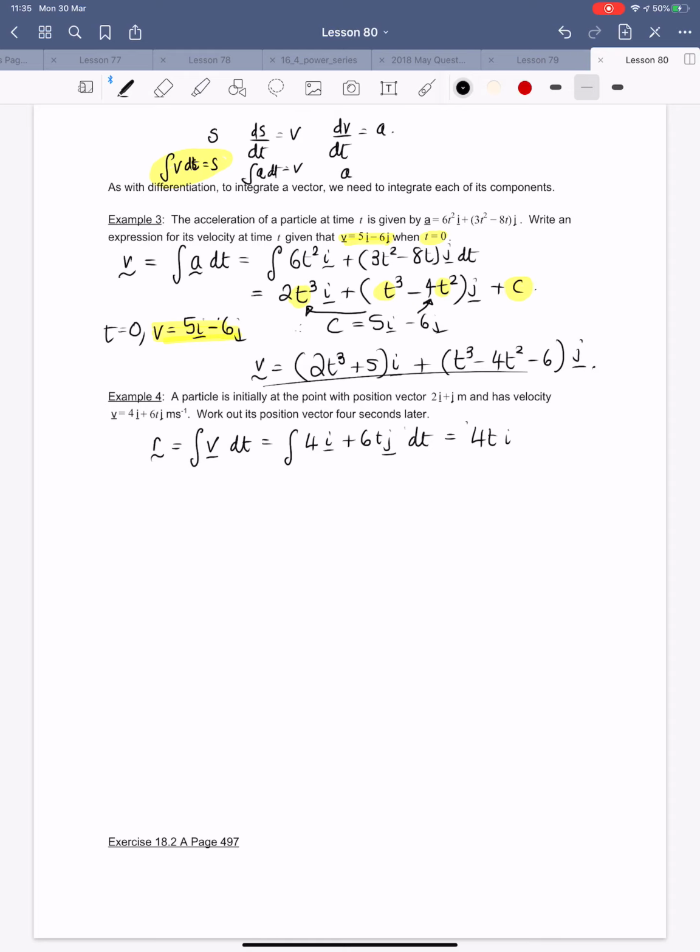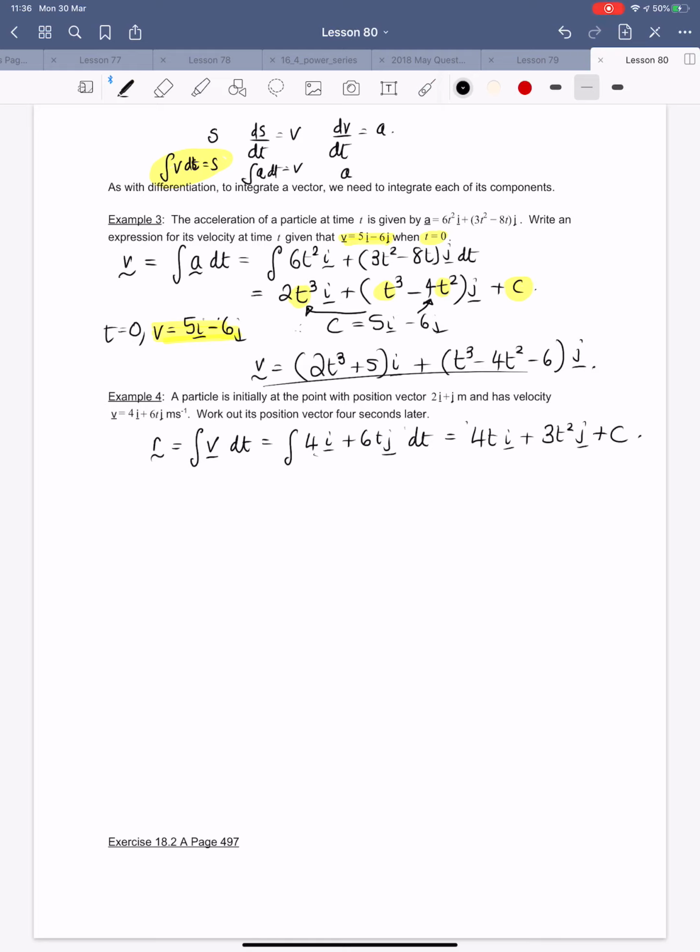So it's 4ti plus 3t squared j. So you add 1 to the power and divide by the new power for each one. The 4 becomes 4t to the 1, divide by the new power, stays as it is. And this one, add 1 to the power, becomes a 2, divide by the new power, becomes a 3. And then it's plus c as well.